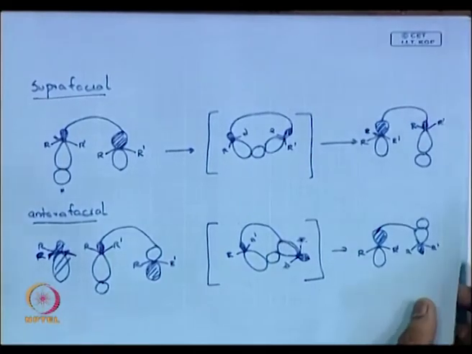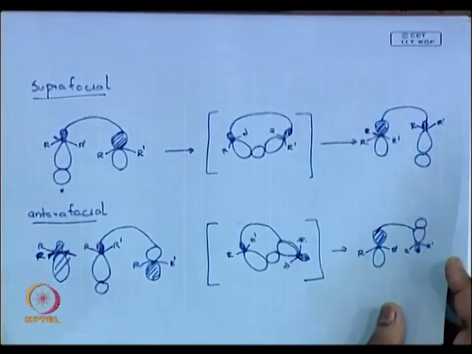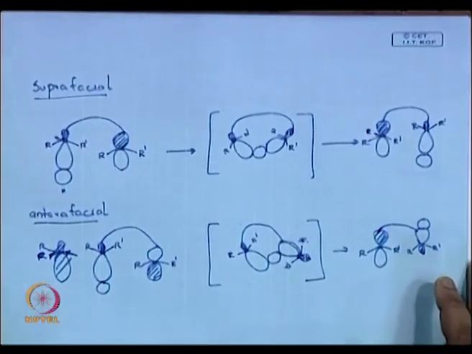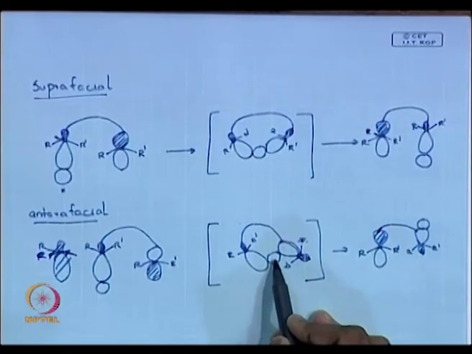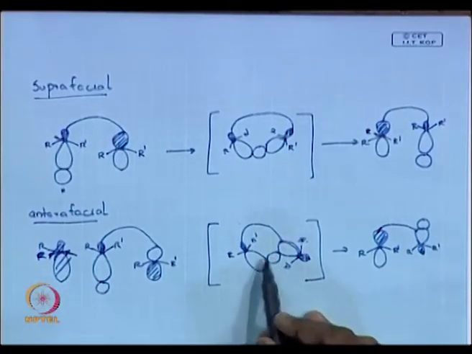So, based on this orbital picture, Woodward and Hoffmann formulated a type of rule, right. This interaction, it will be within the same phase.